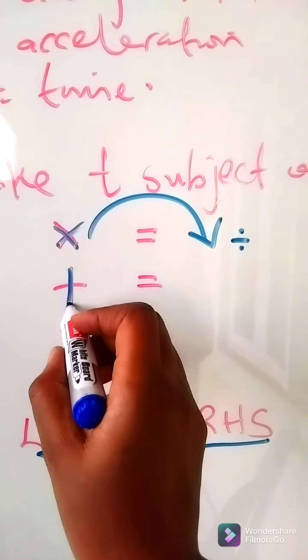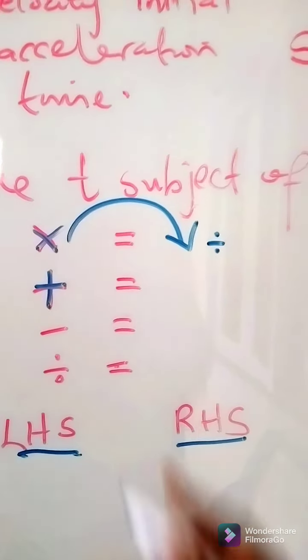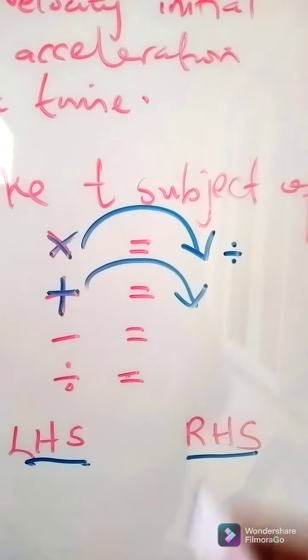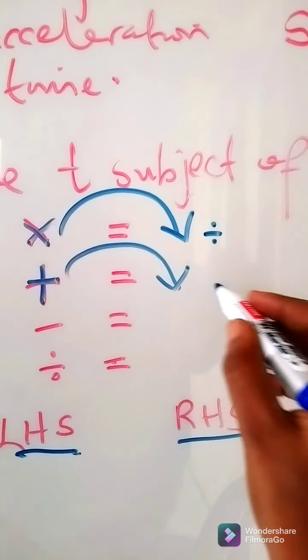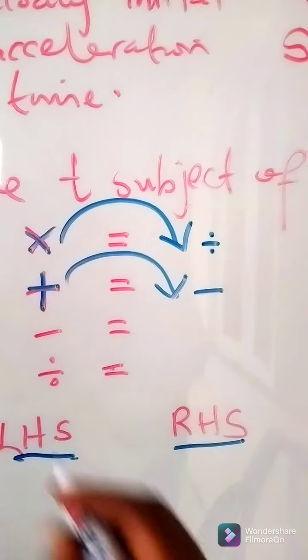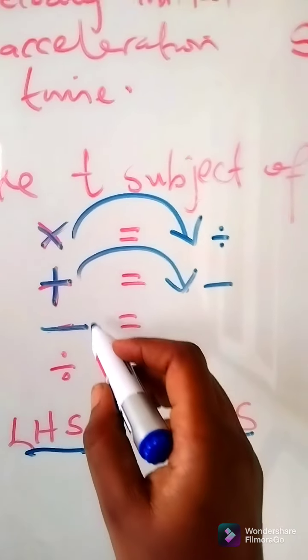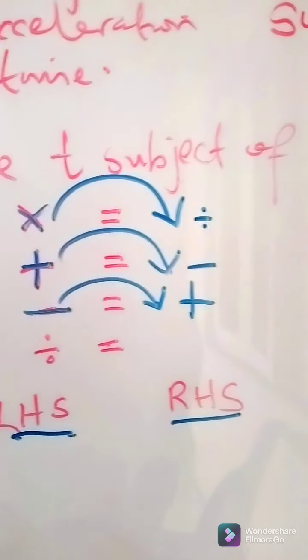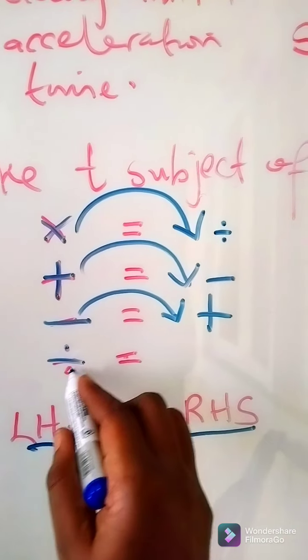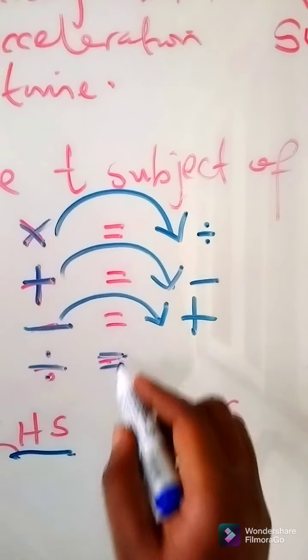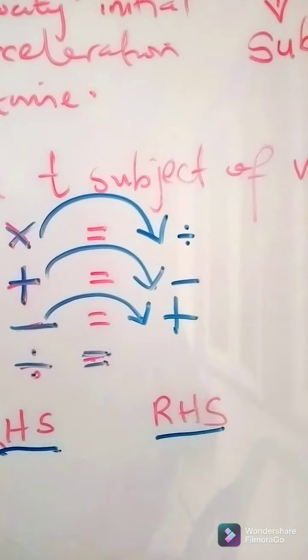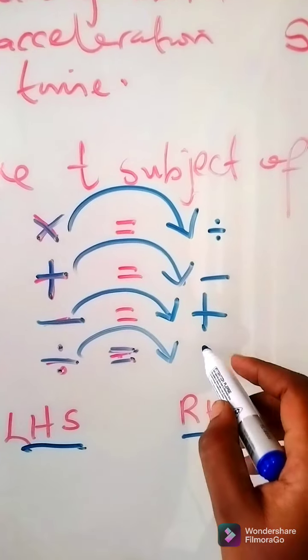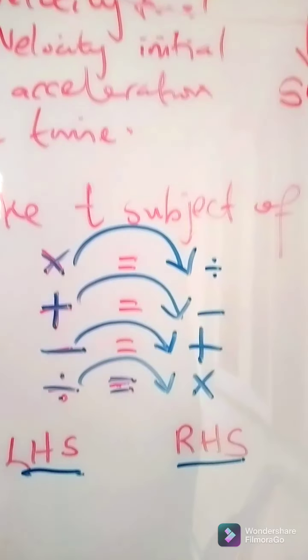If you have a positive or plus sign, when it jumps over the equality sign, it becomes a negative. When you have a negative sign, if it jumps over, it becomes a positive. When you have a divide sign, when it jumps over the equality sign, it becomes a multiplication.